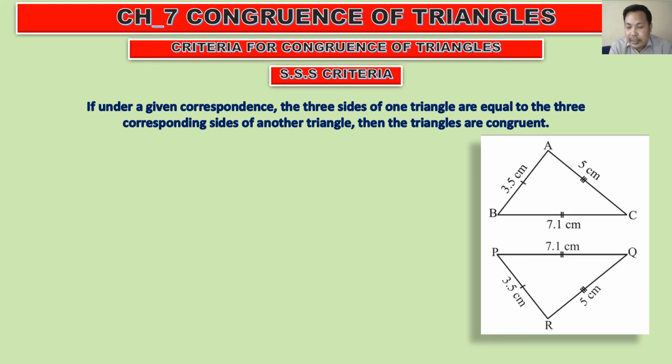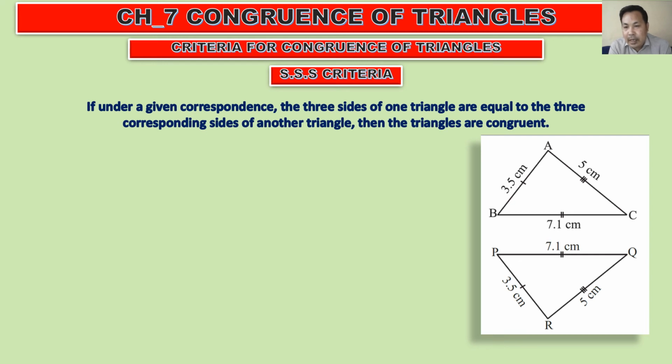Clear? So let us see in these two triangles how we can state that they are congruent under this criteria called SSS. By just observing, you can see that side AC is equal to side RQ, 5 centimeters, isn't it?